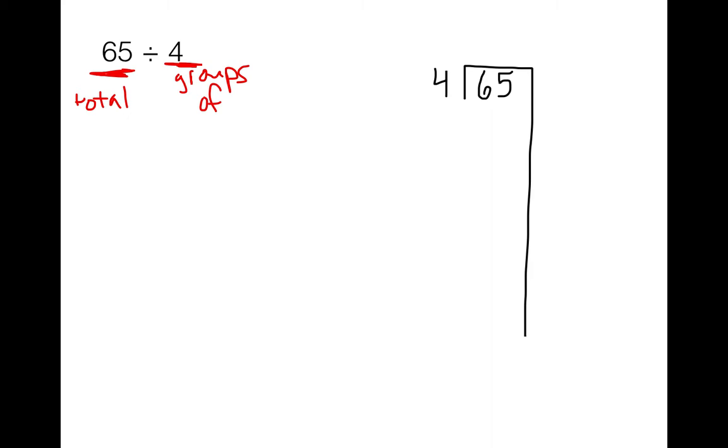So, my multiples of 4 are 4, 8, 12, 16, 20, 24, 28, 32, 36, 40. Those are my multiples of 4 up to the 10th multiple. 4 times 10 equals 40.